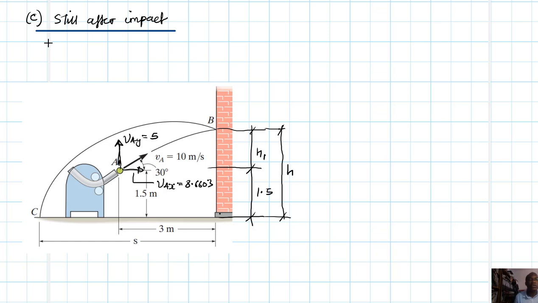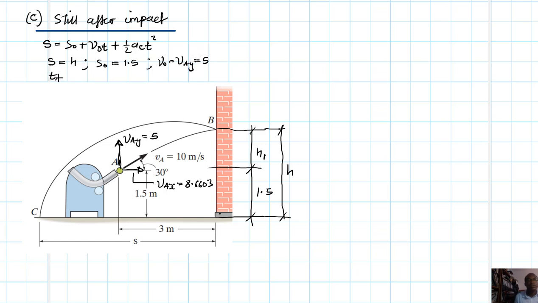So for us to find this, we can use this equation: S is equal to S naught plus V naught T plus half AC T squared. So our S here is equal to H. The idea is once we found this, we want to use it to find S, and then we have S naught, which is just going to be equal to 1.5, and then we do have our V naught, which is just equal to VAY, and is equal to 5.